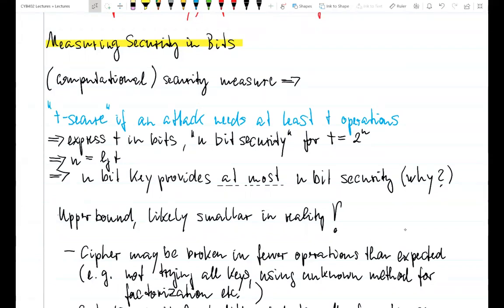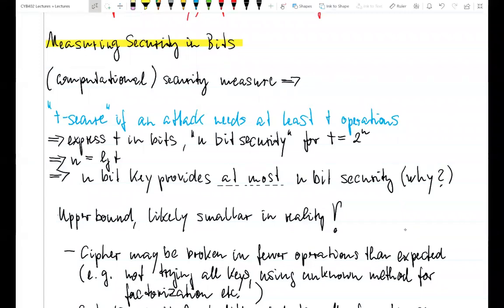And the best shot that we can get is to somehow measure security as a number of bits. That would be an easy to handle metric, if you want, to measure security. So it turns out we actually can do that more or less.